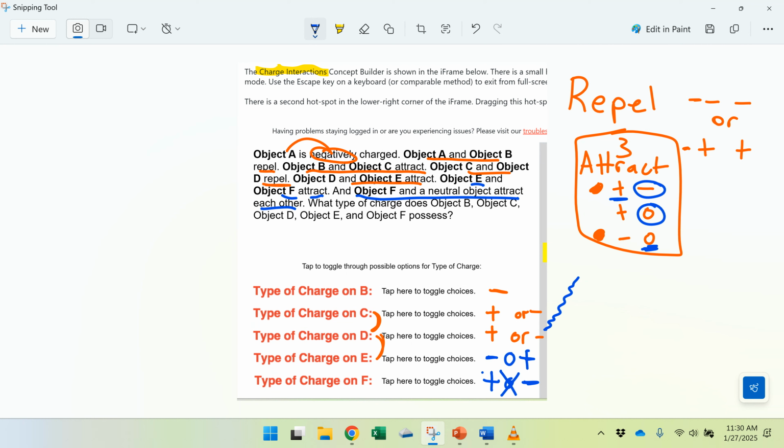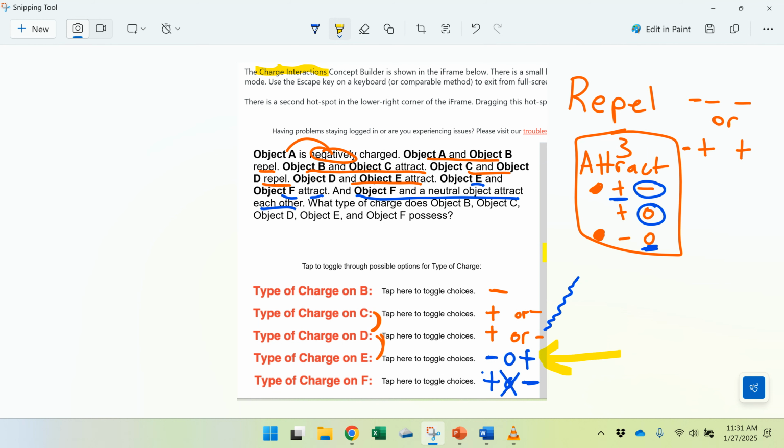I will tell you a really common place I've seen mistakes on this is when we deal with this attraction, is realizing that sometimes it actually can be all three of those because of the options that would go.